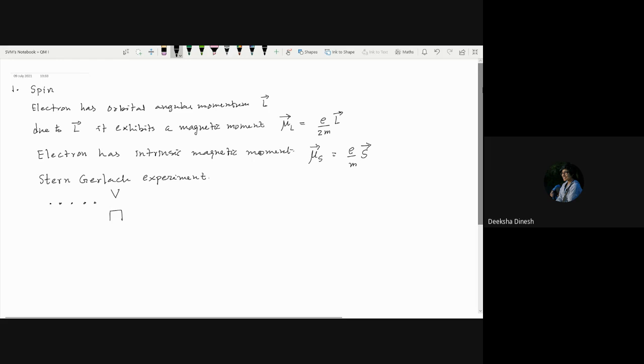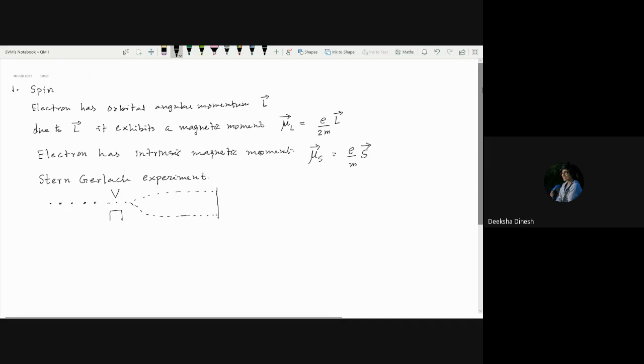This is kind of poles of an electromagnet, with a shape different to produce an inhomogeneous magnetic field. If you have a screen or detectors here, this beam will split. Something will go up and something will go down.